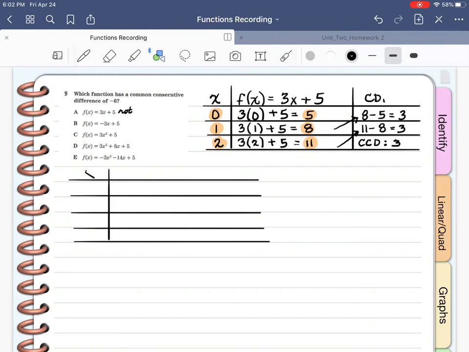So I've got an x, I've got f of x is -3x plus 5. And then I didn't leave much room, but I think I can make it work for the consecutive difference. It's first degree, so it will be at the first level. So 0, 1, and 2. And yet again, I drew the extra line.